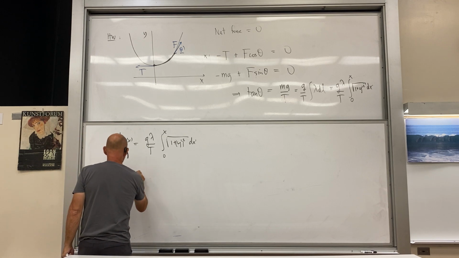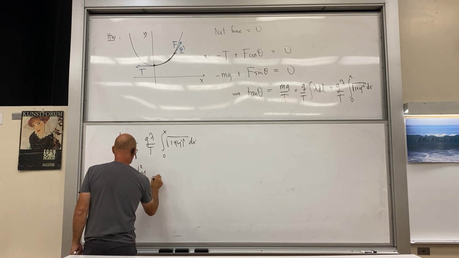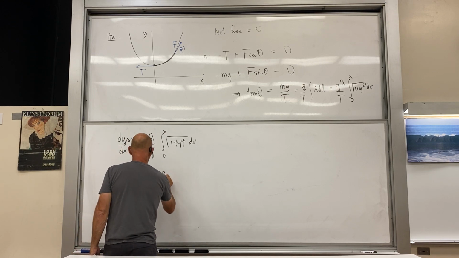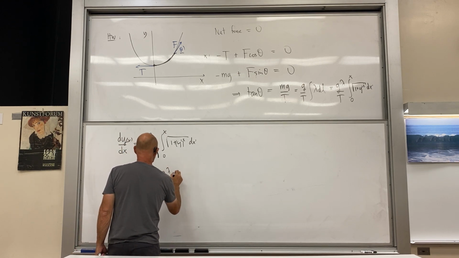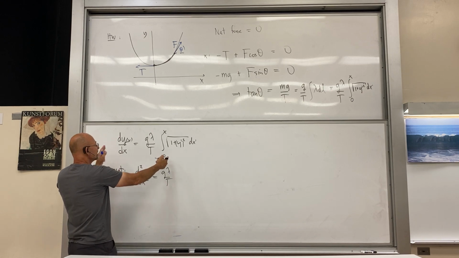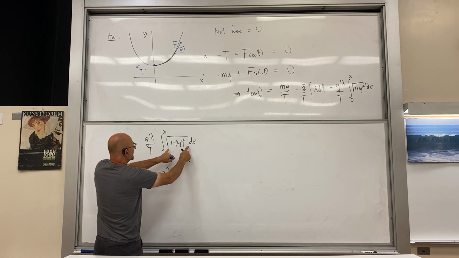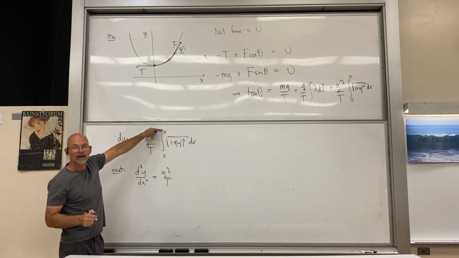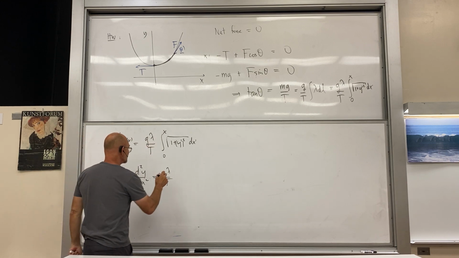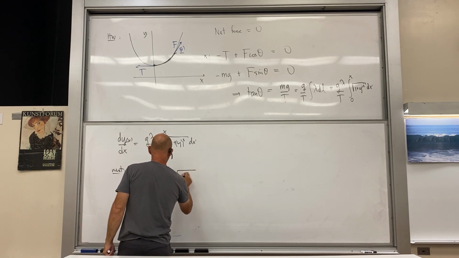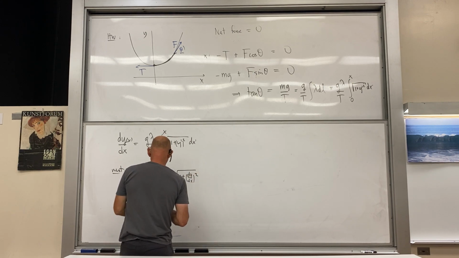step is d squared y dx squared is equal to g lambda over T. And then remember, the derivative of this expression is the integrand evaluated at the upper boundary. So then we just have root 1 plus (dy/dx) squared.